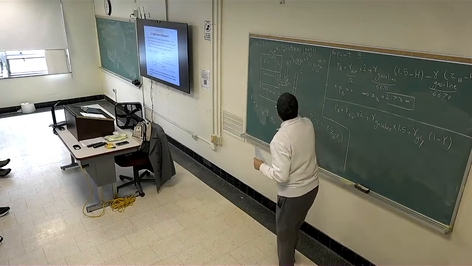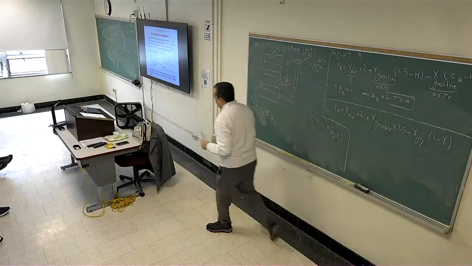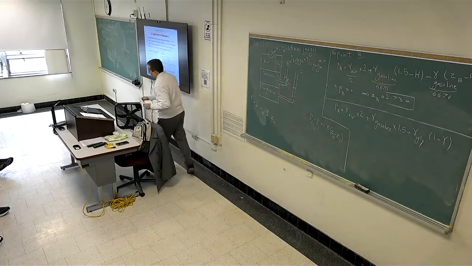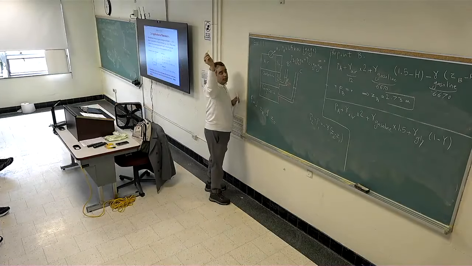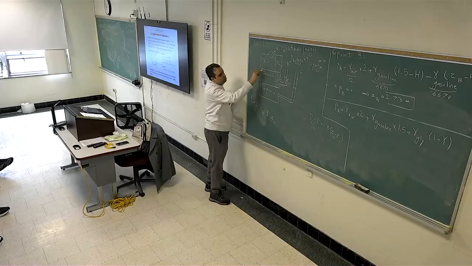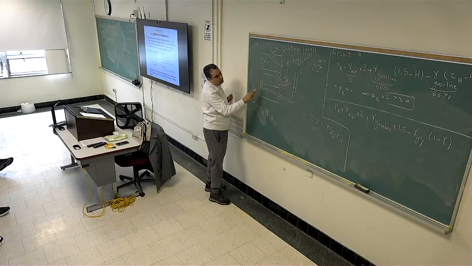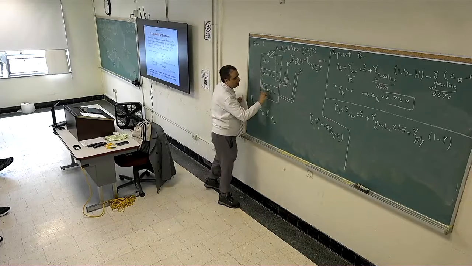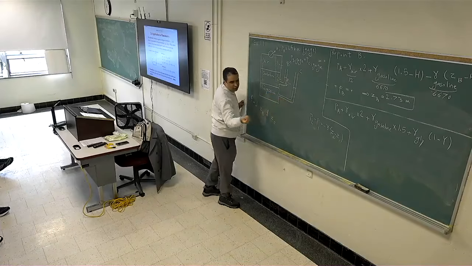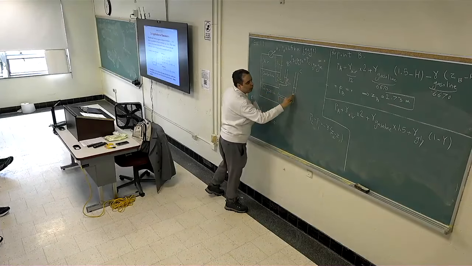Okay, now I should go upward. Let me plot the path. I start here, go down, plus gamma air multiply 2, go down, gamma gasoline multiply 1.5, go down, gamma glycerin multiply 1 minus y, then horizontally, horizontal doesn't change pressure, then go up.